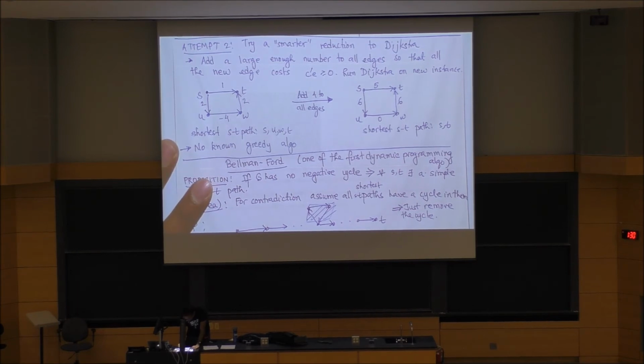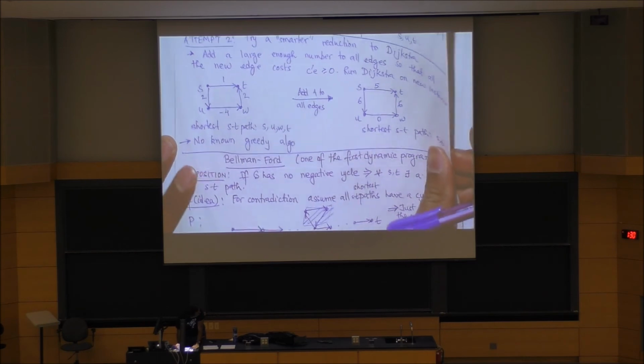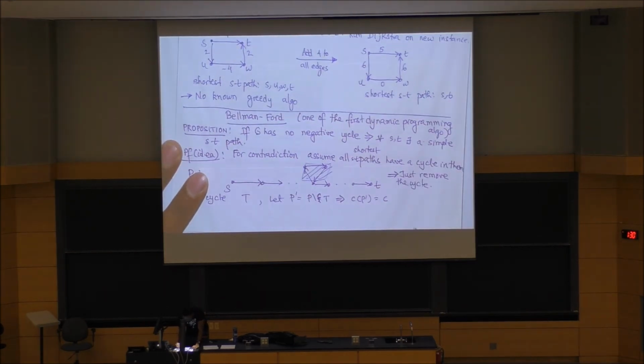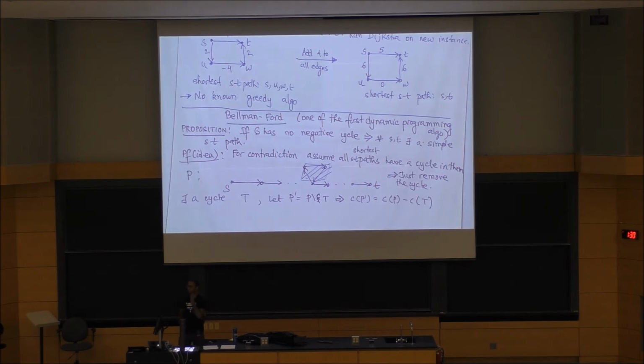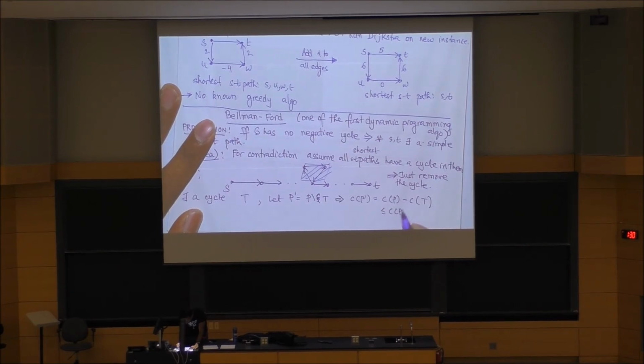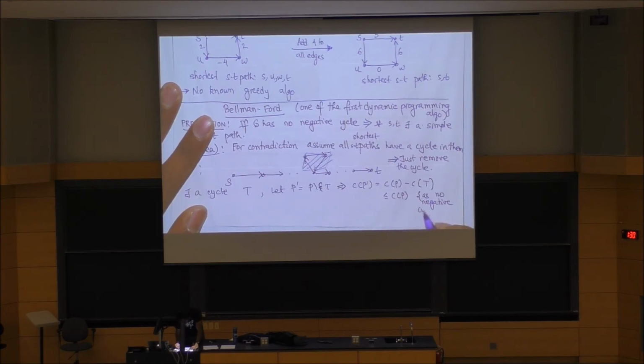So the first thing to note is that the cost of P prime is the cost of P minus the cost of the cycle that you threw out, and we are assuming the cost of all cycles is greater than or equal to 0. So this is at most the cost of P, as no negative cycle exists.